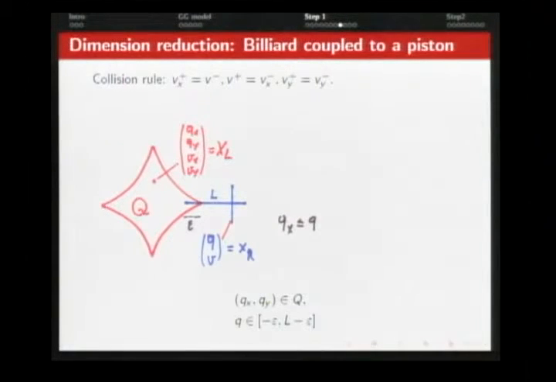This is the solution. Is this a piston with friction? No, there is no friction.